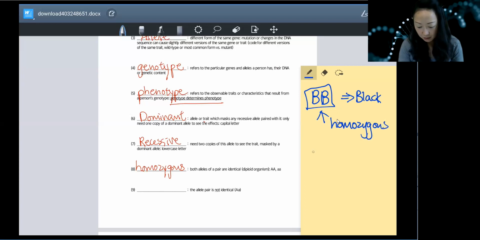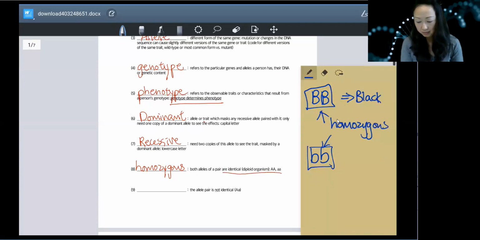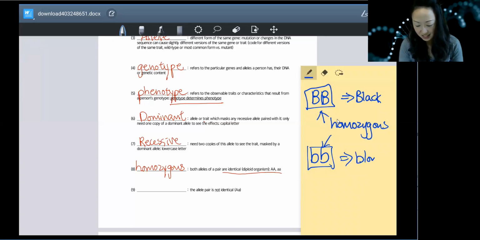If my genotype is little b little b, they're recessive, they're also homozygous because both alleles are identical. Then my phenotype is what the little b generates, which is blonde.